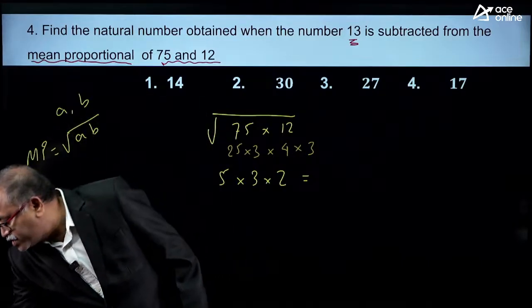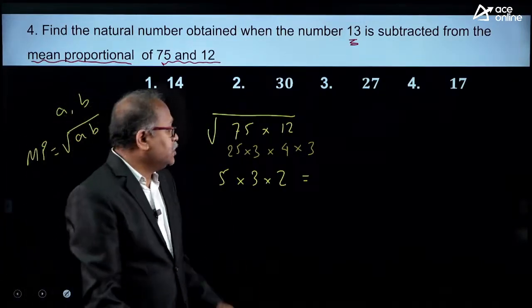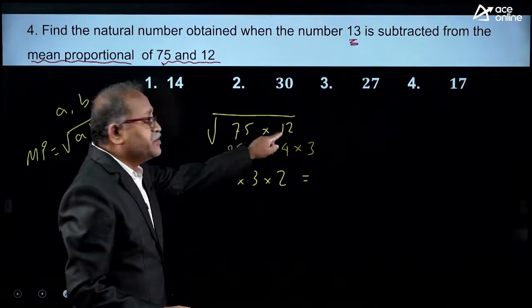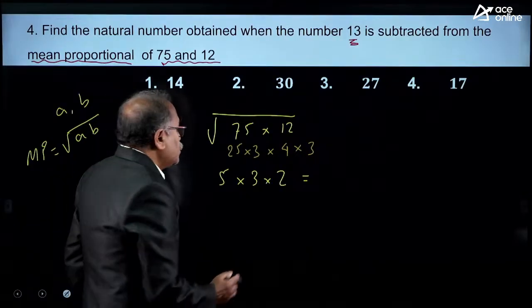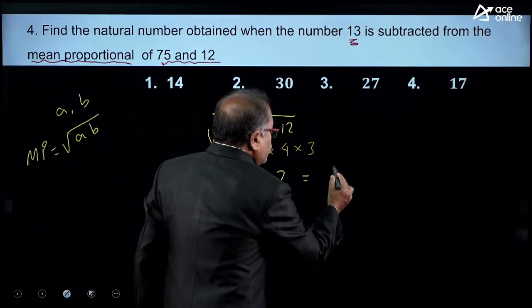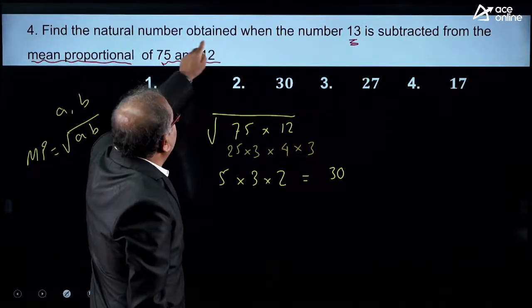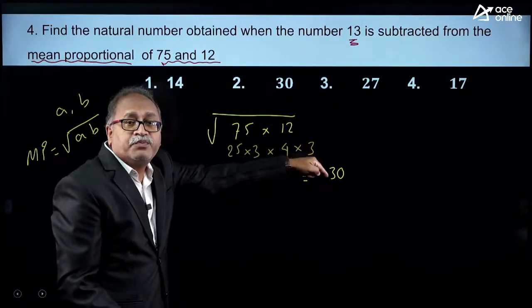I hope some of you must be answering this question. Okay, not an issue. Mean proportion, right? So the mean proportion of 75 and 12 is nothing but the square root of 75 times 12. So I am getting 30 over here. So what is the answer, if the natural number is obtained when the number 13 is subtracted from the mean proportion?